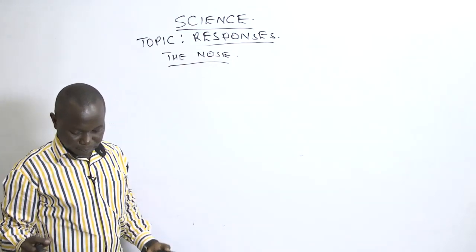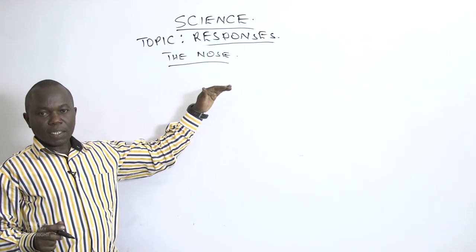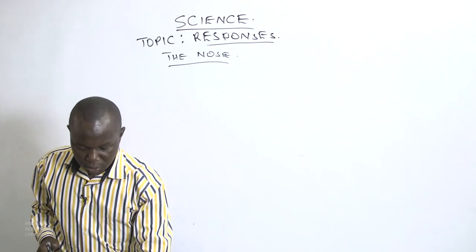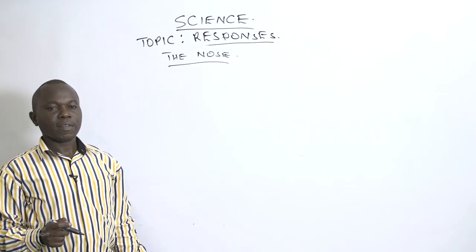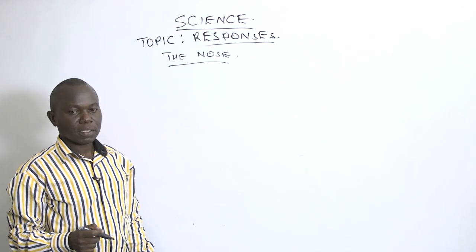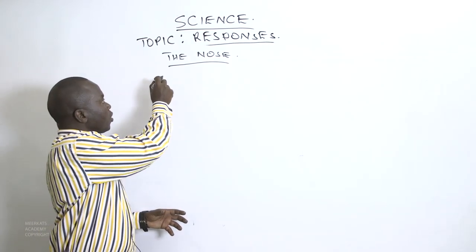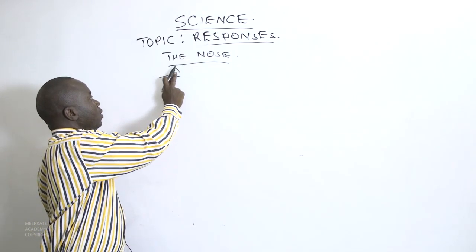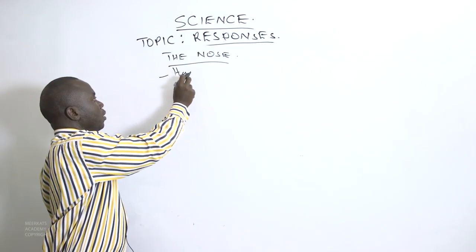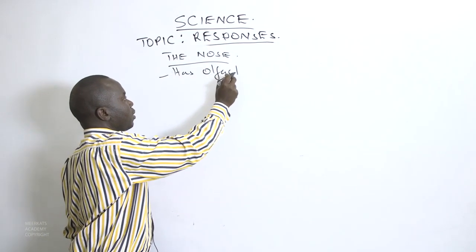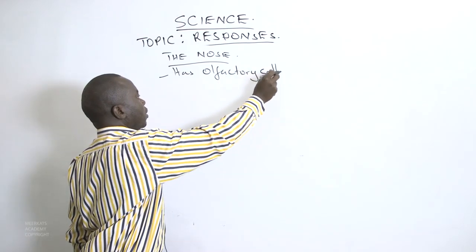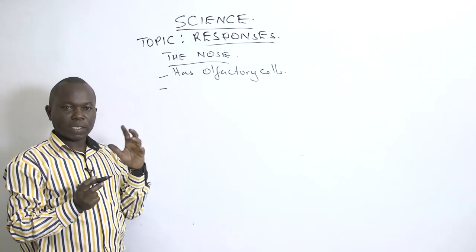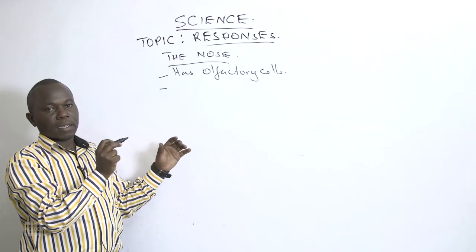The nose. Now, we have gone through the tongue, a very important responsive organ. The other one is the nose. In the nose, we have chemoreceptors that detect smell. We call those chemoreceptor cells olfactory cells. The nose has olfactory cells. These olfactory cells, just like the taste buds, are chemoreceptors.